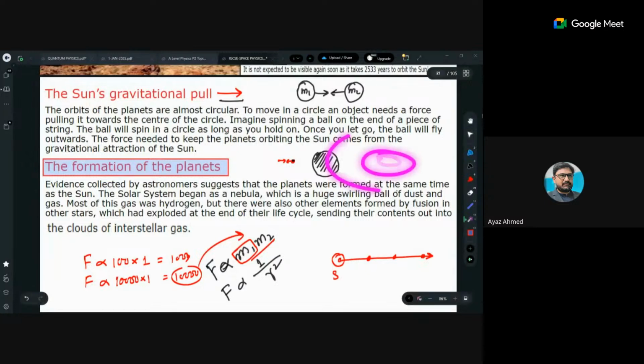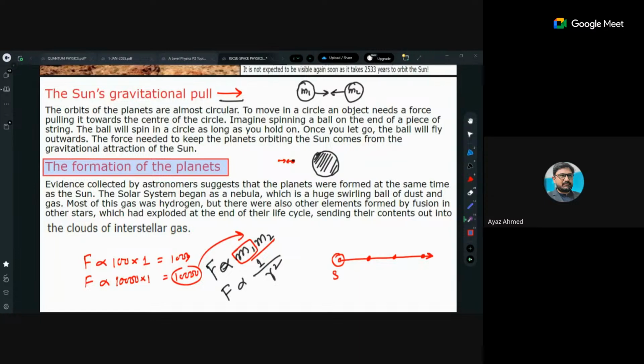The massive particles are those objects which become massive. They come closer to the sun, and those elements which are lighter, they swirl or orbit a little bit away from the center. So that is basically the game we will talk about.